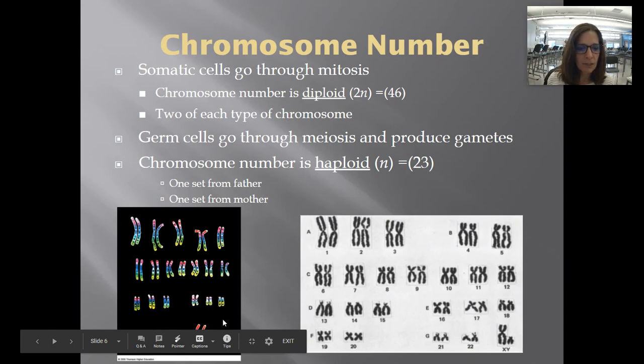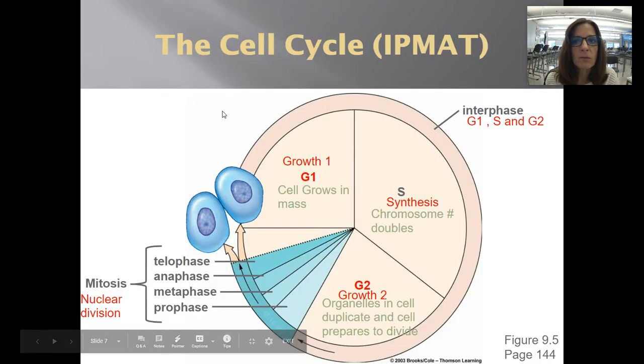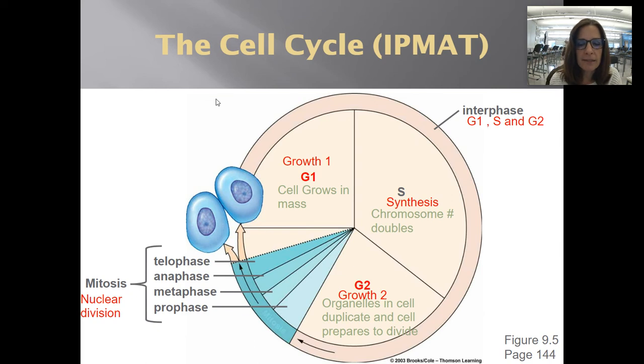And then if you look at this one, you would see there's just 2 X's, so that would be a female. Okay, so go ahead and pause the video and copy this chart down. The cell cycle, and then you can add notes to it.